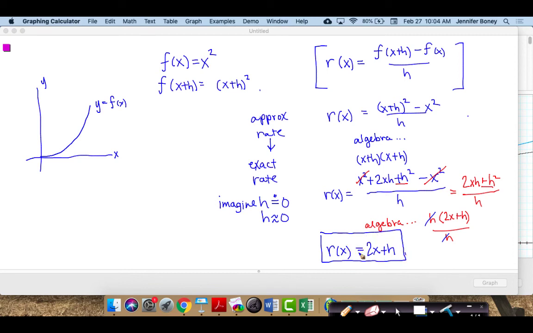This is for any value of h and any value of x, I can find an approximate rate value. Now, my goal would be to find an exact rate function, which, if I imagine h is essentially 0, which now is pretty easy to do in the simplified form, say, oh, well, if h is essentially 0, then this is essentially 2x, right?